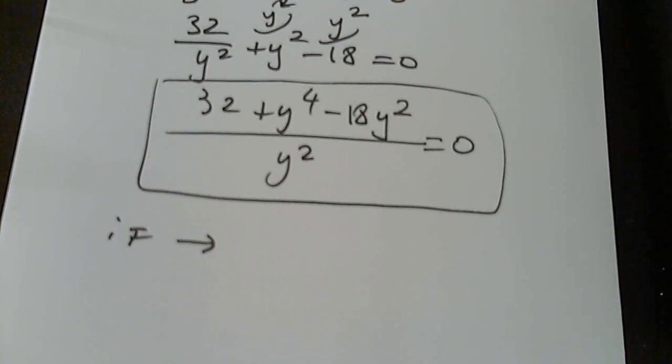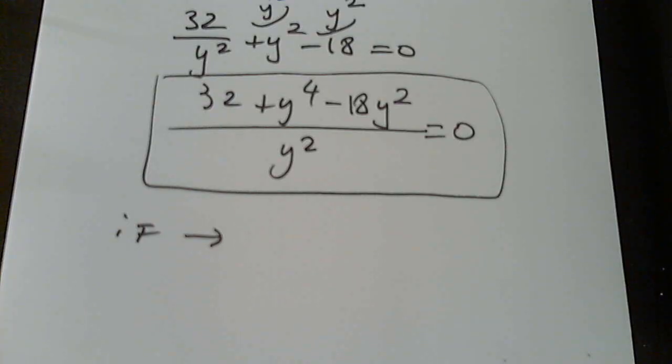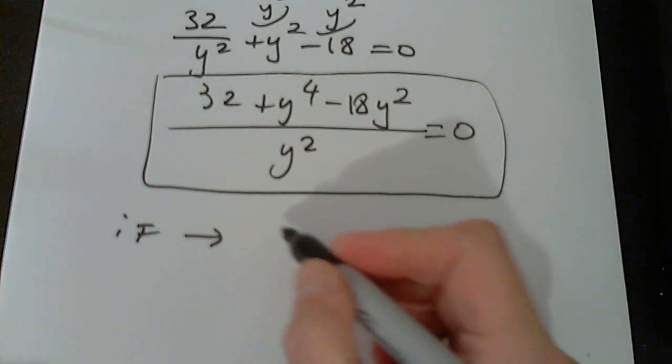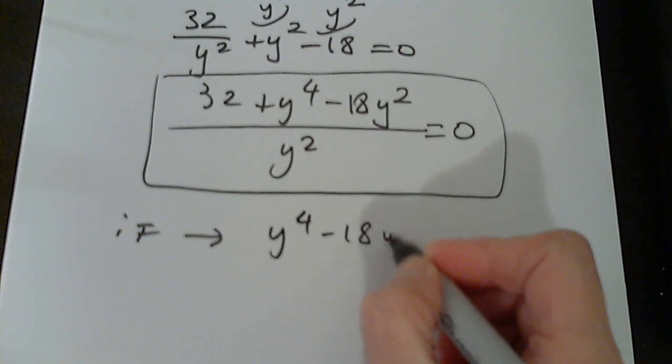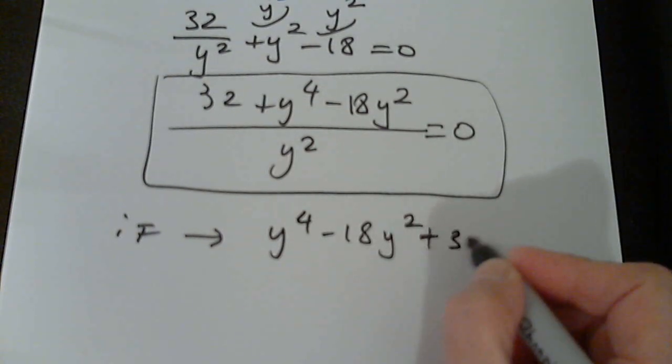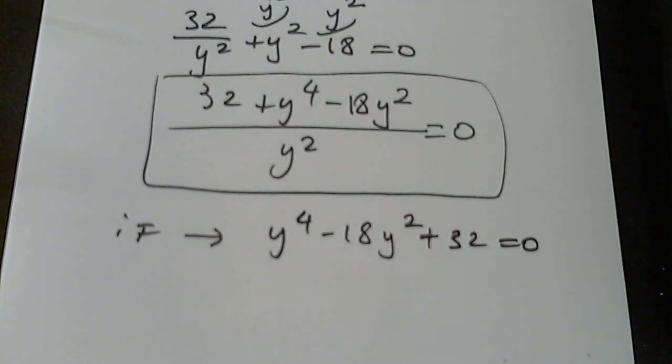Every time the denominator is 0, it's always a tragedy. So then what can happen? If it's not the denominator, it must be the numerator. So a fraction is 0 only if the numerator is 0. If the denominator is 0, the fraction is undefined.